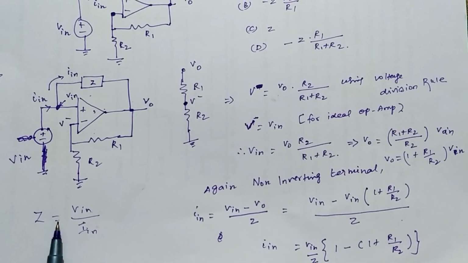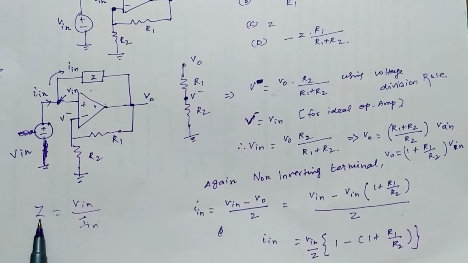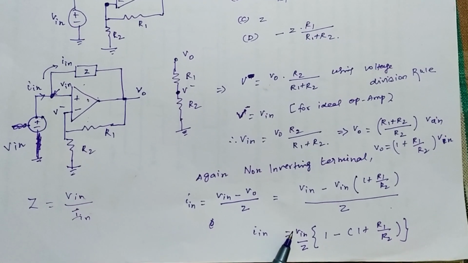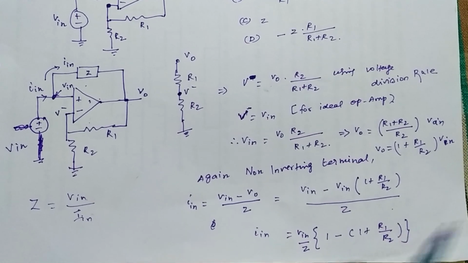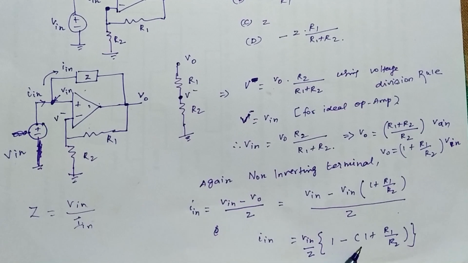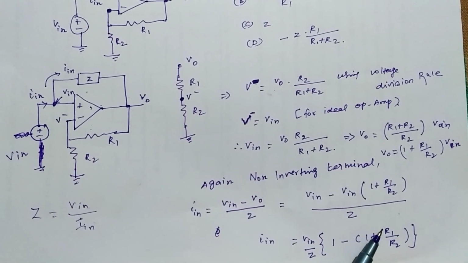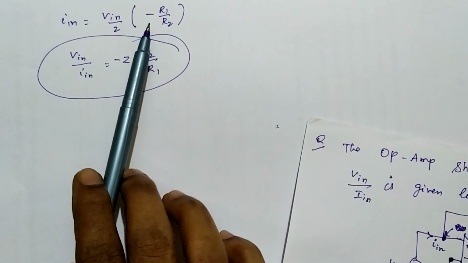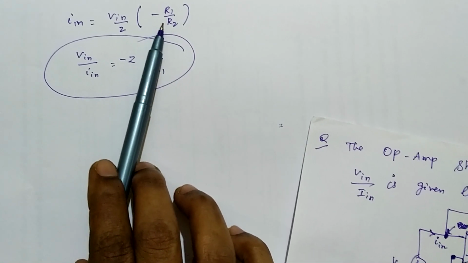Now the question is asking, what is the impedance? Impedance is equal to voltage divided by current. When we simplify, this term gets cancelled and we have R1 R2 and of course minus R1 R2.